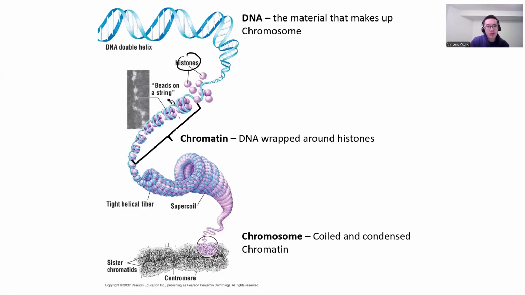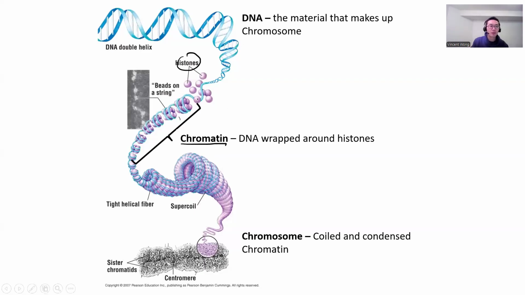And once you package it a couple of times, then eventually you're going to get to a form called chromatin. And these are DNA wrapped around histone proteins. That's the form that you will find DNA in within the nucleus. So when the cell is not dividing, when the cell is not moving chromosomes around, you will find the DNA in this form, okay, chromatin.